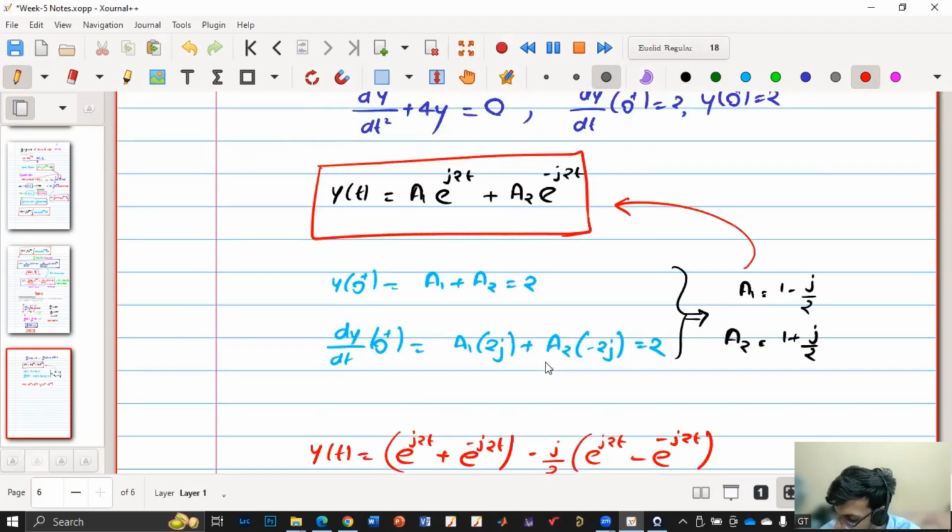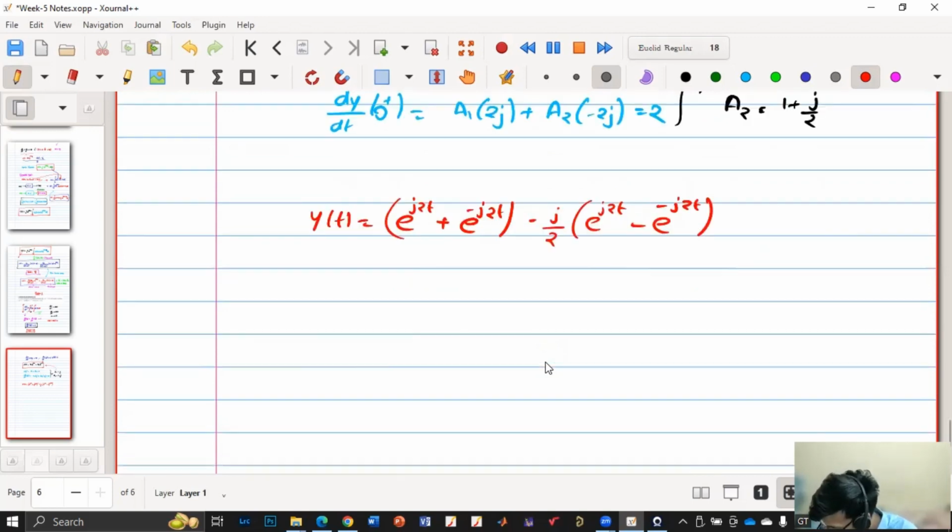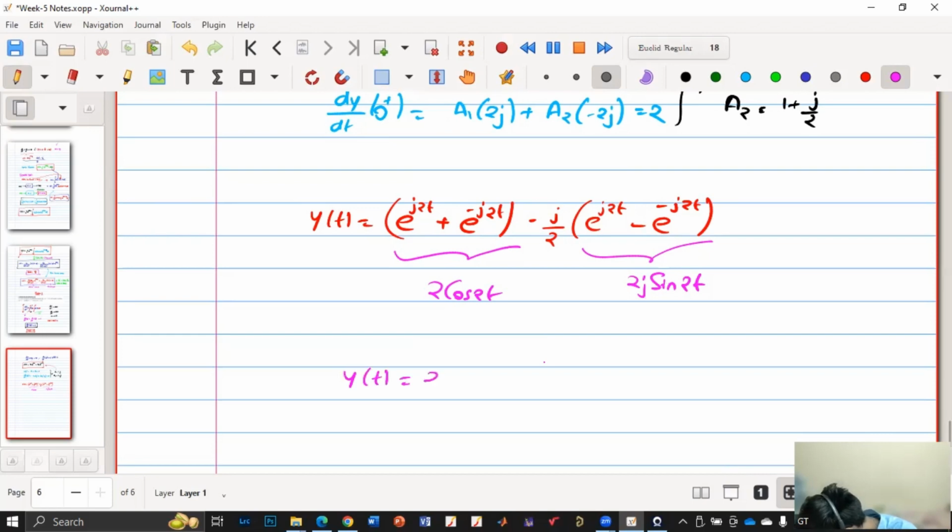Yes. Now we know that this term is 2 cos 2t and this term is 2j sin 2t. Now my y of t will be 2 cos 2t plus sin 2t.